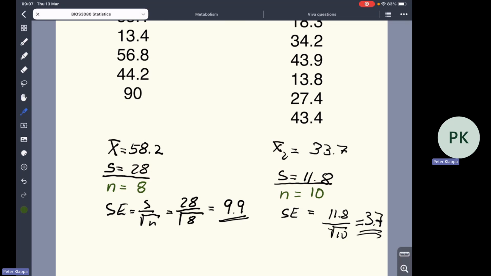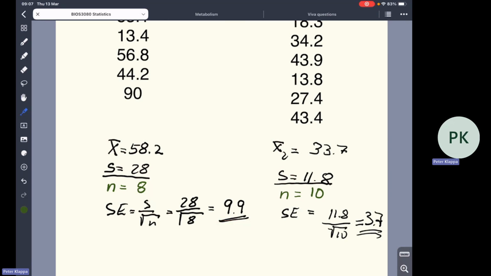We can also calculate the standard error. I showed you previously how we calculate the standard error. That is simply the standard deviation divided by the square root of n. Yeah, and we can do that. In the case of without the drug, we have a standard error of 9.9.